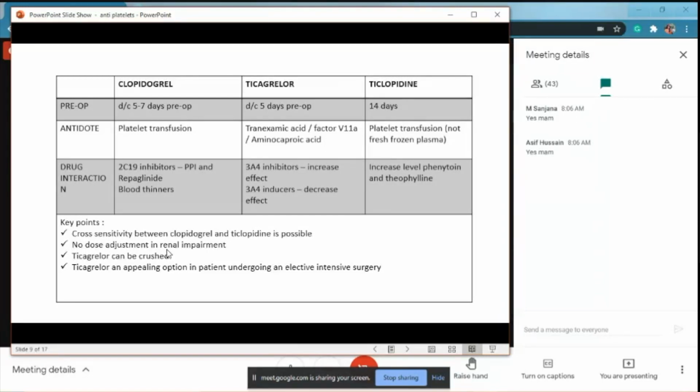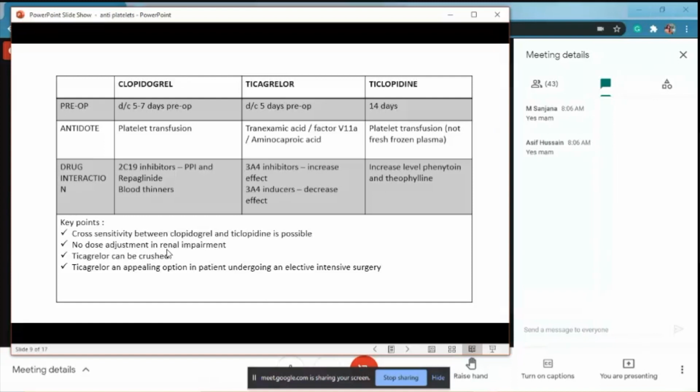Okay, so if we have to use a PPI in patients who are on clopidogrel, we can go with pantoprazole or lansoprazole. Based upon the studies, among the PPIs, pantoprazole and lansoprazole seem to have less inhibitory action.